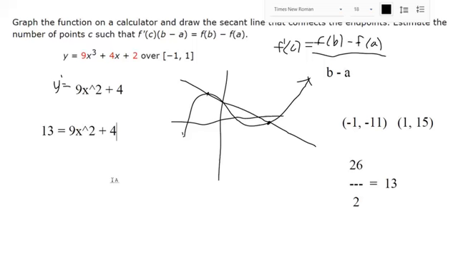So that's what we need to solve. When you solve for this, you're finding that point C that satisfies the mean value theorem. Okay, so if we subtract 4 from both sides, divide 9 from both sides, there's 2 places, x equals 1, and x equals -1. Those are the 2 places that have the same slope. So on this graph, at the endpoints, at -1 and at +1, we have the same slope as the secant line between those 2 points.